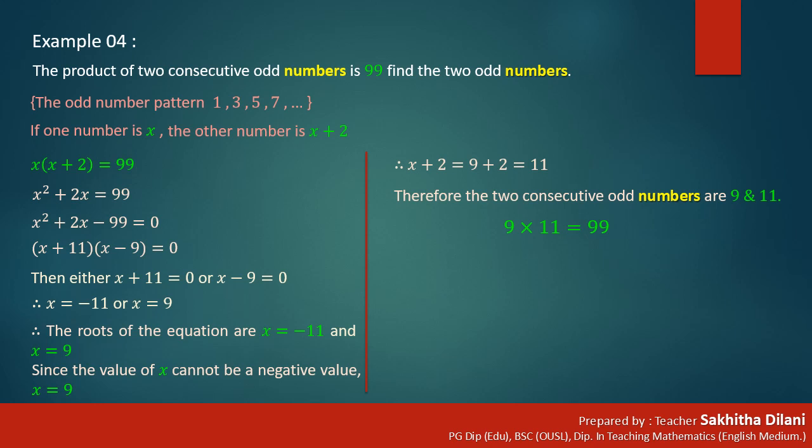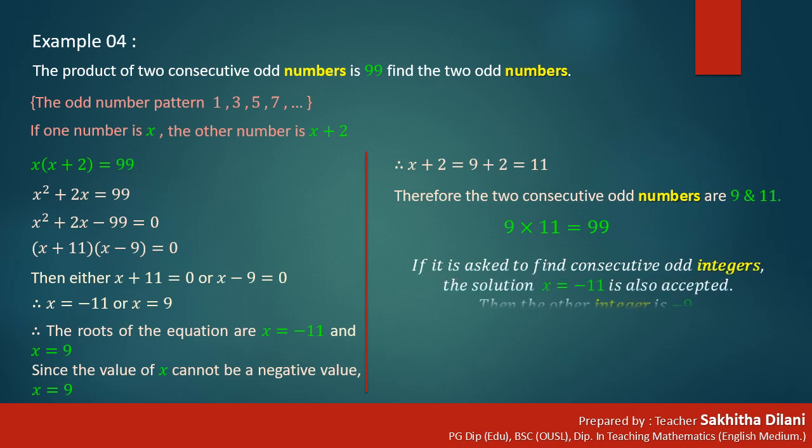Here I have to tell you an important fact. If you are given the product of two consecutive odd integers, there are two pairs of solutions. You have to simplify it also using this method. But there we accept the solution of x equals negative 11 too.